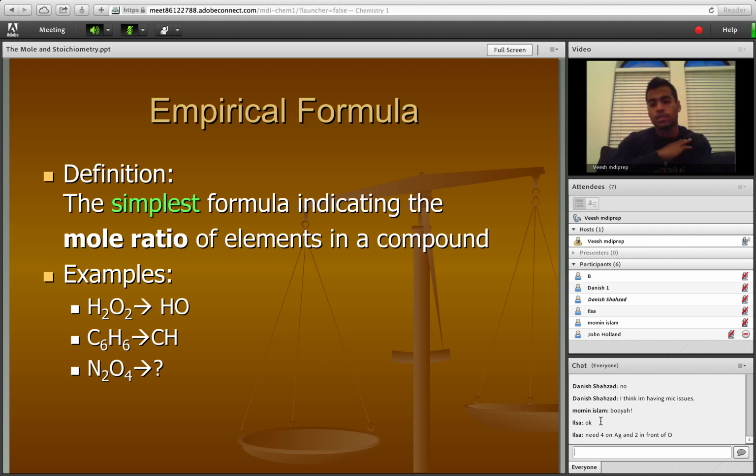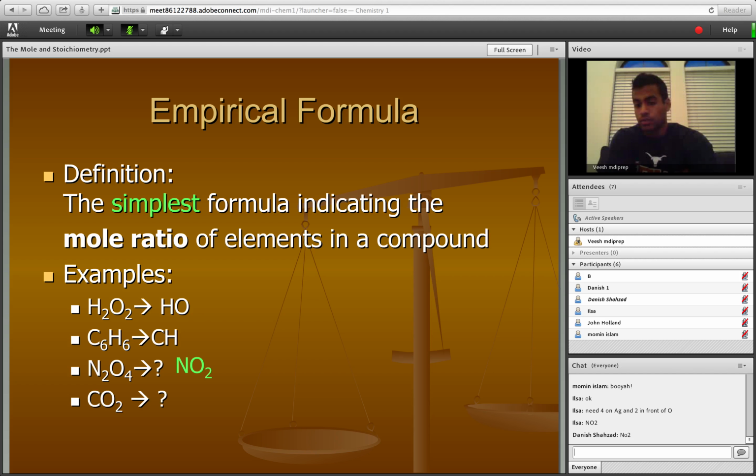What about N2O4? Somebody type in the chat box, what is the empirical formula of N2O4? Yep. NO2, correct. Now, what about CO2? What's the empirical formula of CO2? Yep, so what if I gave you C2H6O10?